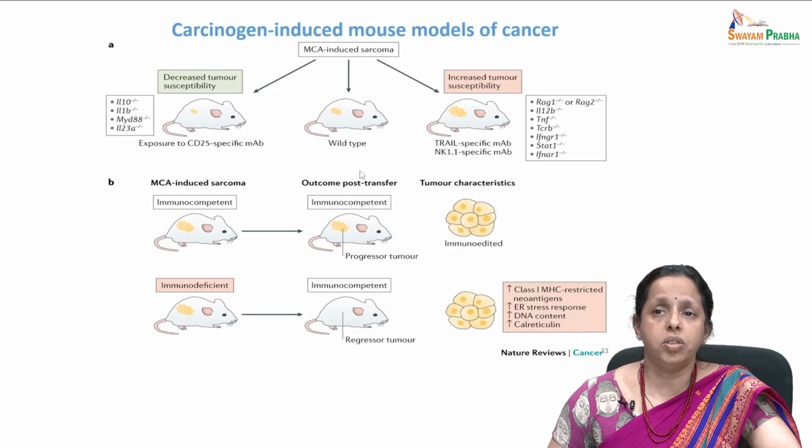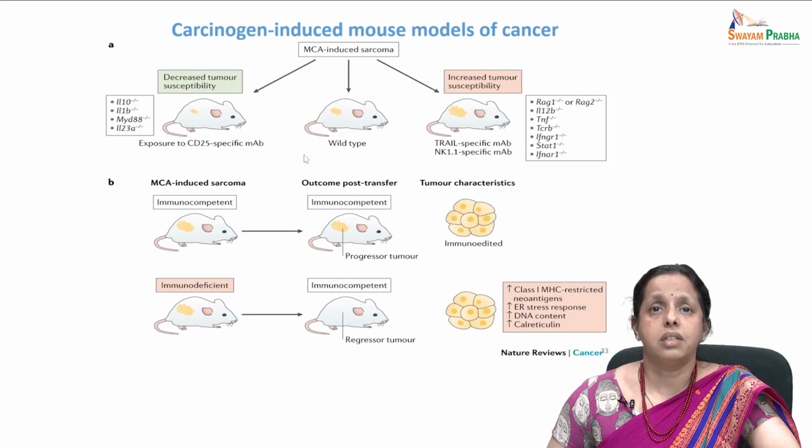So, MCA induced sarcoma from immunocompetent mice can be transplanted into a second immunocompetent mouse, hence exhibiting a progressor tumor phenotype.